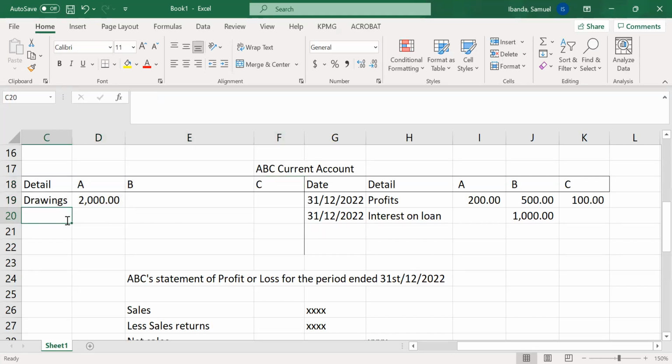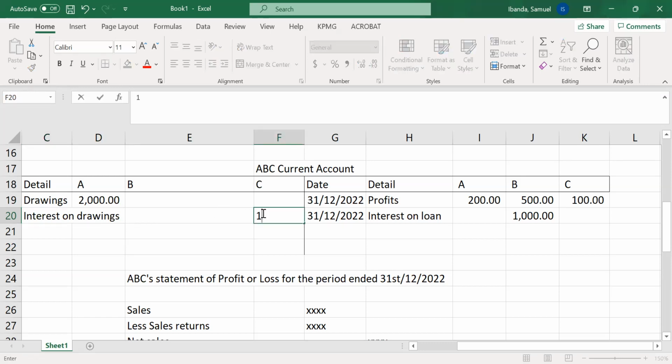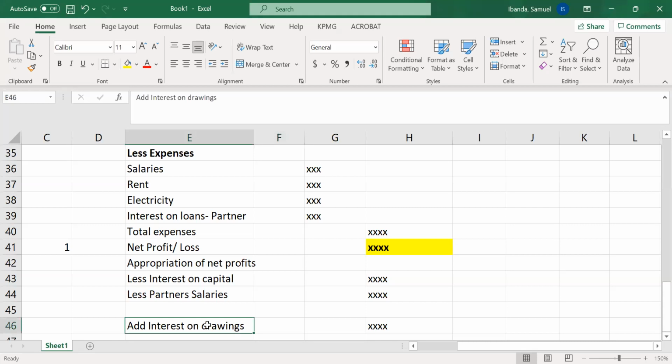So in case we had interest on drawings, maybe it is partner C that had an interest on drawing, maybe it's 100, we shall record it right there on the debit side, okay? So that is very important. So here we are crediting it, but since this is a vertical format, we can just demonstrate it by adding our drawings right there. So that is what we have.